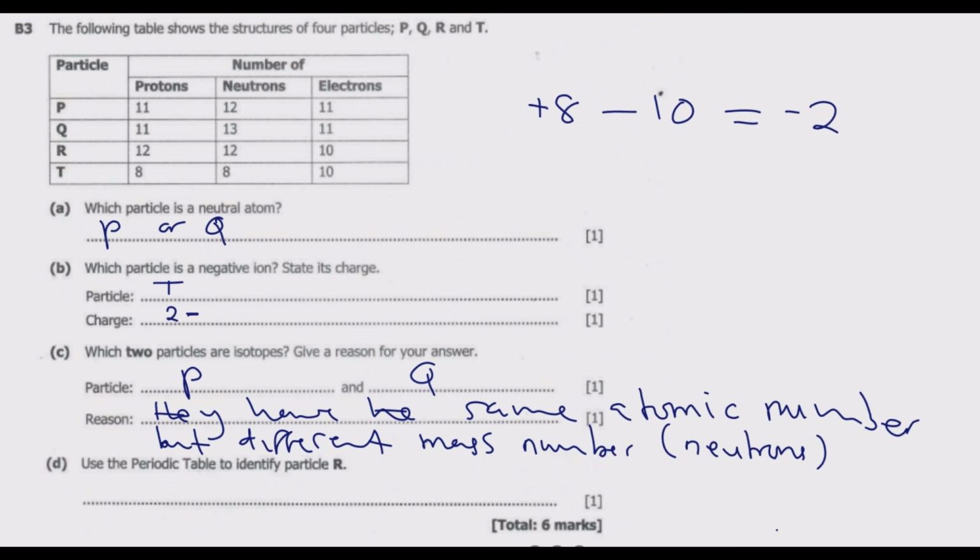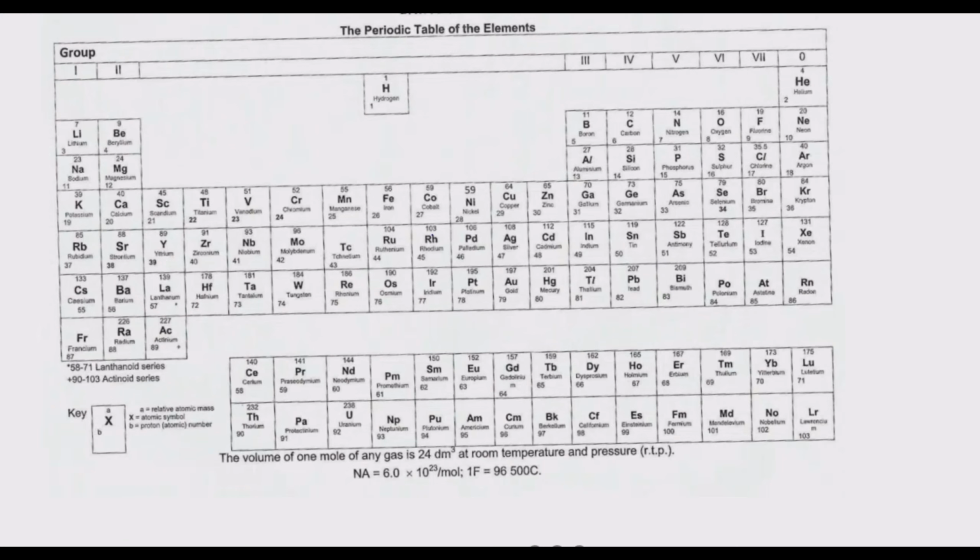D. Use the periodic table to identify particle R. So we need to use the periodic table to identify particle R. When you go to the periodic table, you notice that R has 12 protons, which is the same as the atomic number.